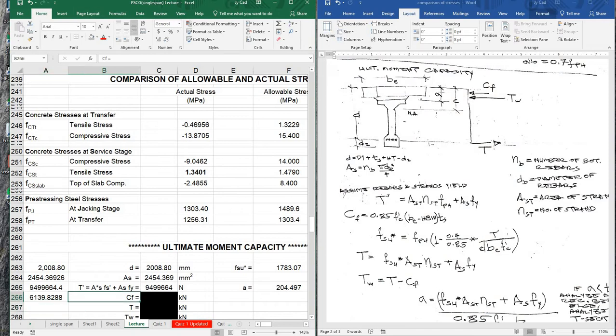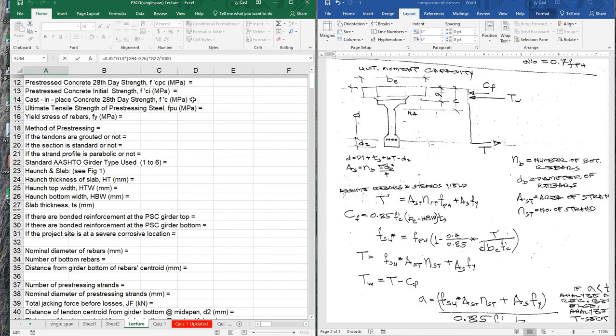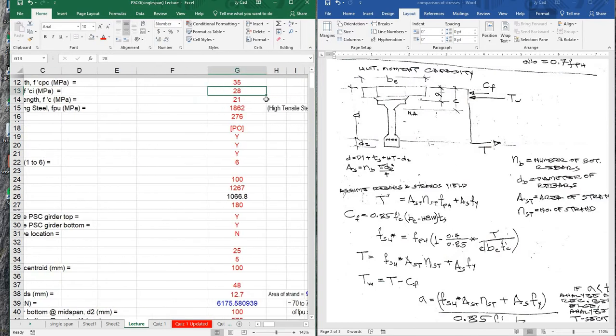Okay, so let's check kung tama yung equation. Oops, okay, 4604 yung tama. Saan ako nagkamali? So let us trace. Compression force 0.85 F prime C. F prime C should be G13.